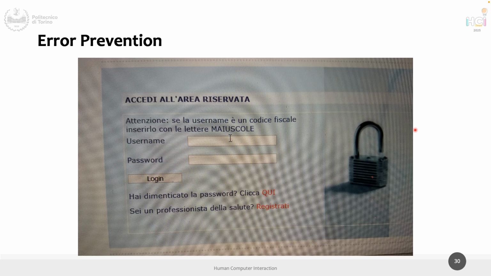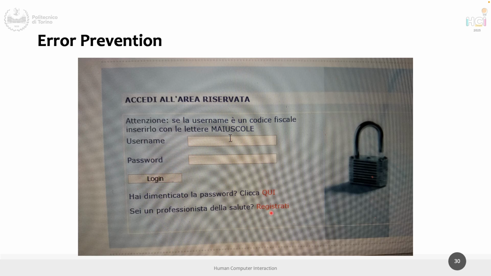And if you don't remember, it's an email, and then there is this press here with a capital for no reason. Also, do not make links of one word, always more than one word. And then if you are a health professional, sign up. And if you are not, you don't access the system.